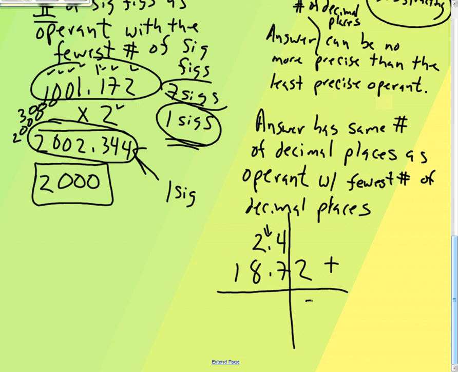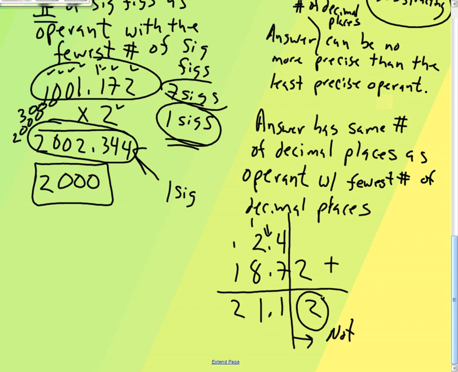Now I add: 2, 11, carry the 1, 10, 11, carry the 1, 21.12. Good. Notice I have this 2 floating out to the right of this line. What does that mean? That means that number is not significant. So what is my answer?